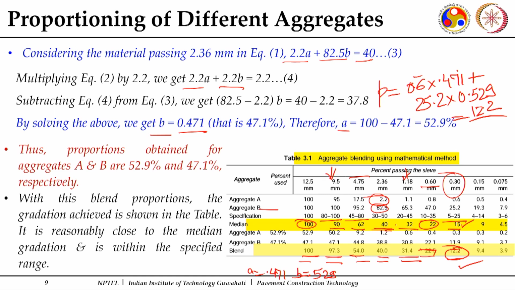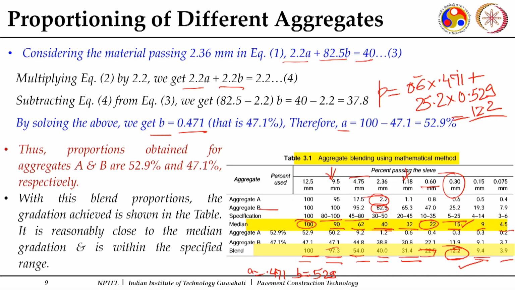So, it is again good. Similarly, I have seen here I got 9.4 against the mid value of 9, here it was 4.5, I got 3. So, this proportion is able to meet the requirement of the gradation.